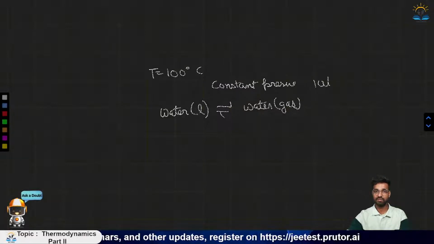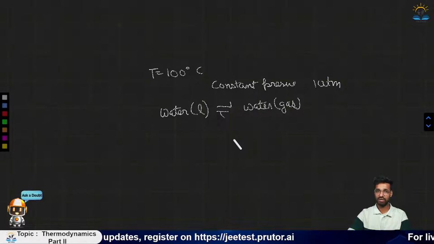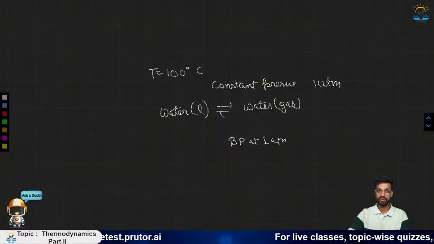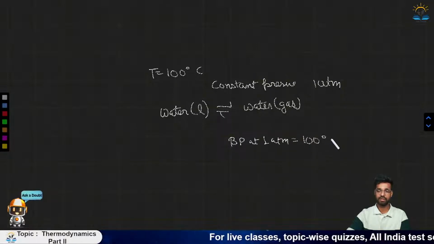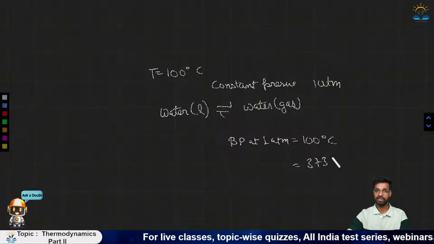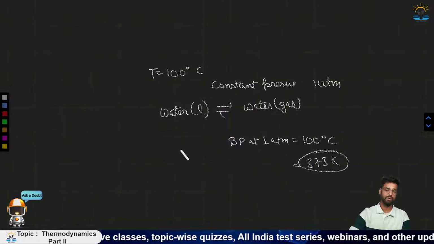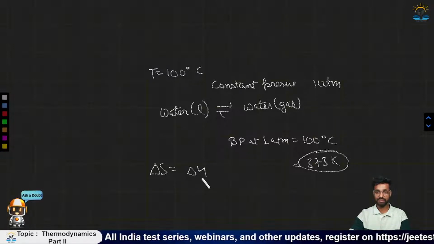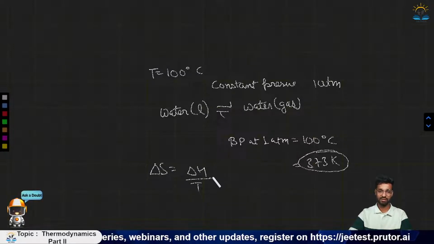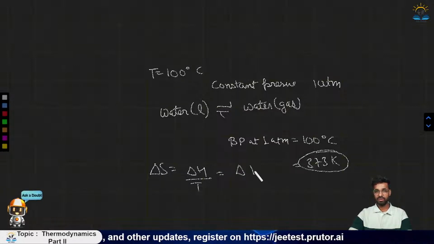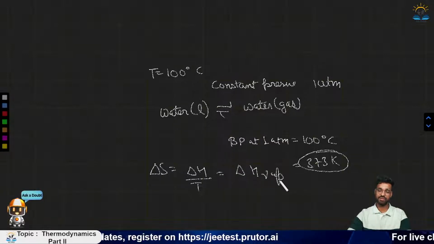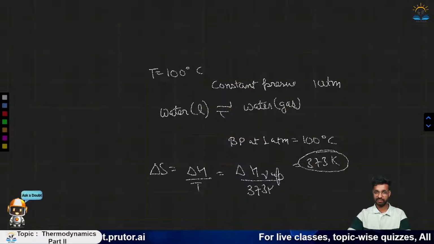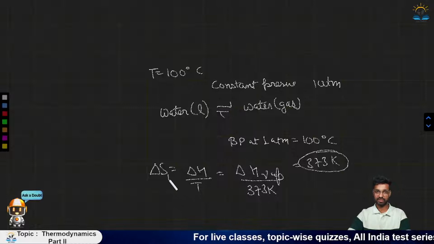So at 1 atm, the boiling point of water is always 100 degrees Celsius, or you can say 373 Kelvin. If you want to calculate the delta S accompanying it, it will be delta H by T. Now we will simply put delta H vaporization of water upon 373 Kelvin. So this is for 1 atm pressure.